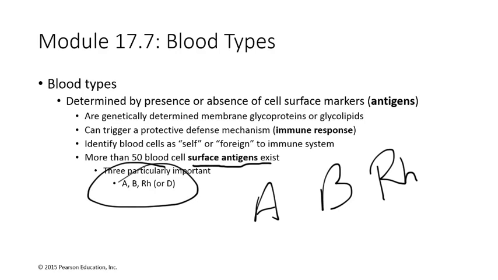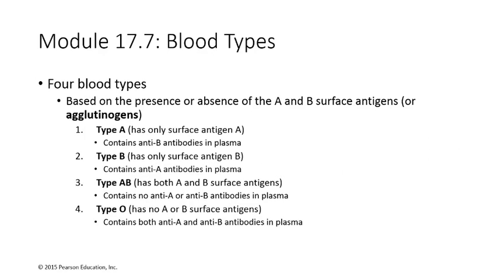Rh factor gets its name because it was first described in rhesus monkeys, and you'll also sometimes call it antigen D. So these are genetically based. You inherit these from your family, but there's type A surface antigen, type B. They can both be present, in which case you have AB blood, and they can both be absent, in which case you have type O, or the absence of the A or B antigens.